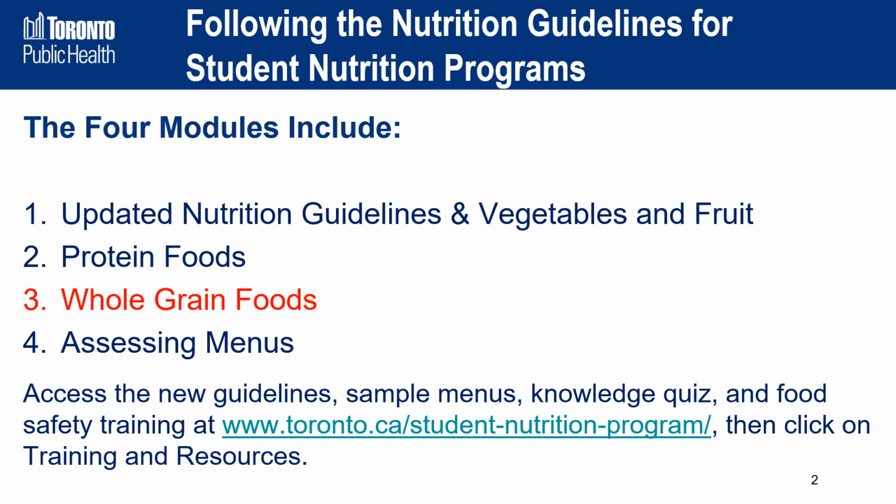You can access the Nutrition Guidelines, sample menus, and knowledge quiz by going to www.toronto.ca/student-nutrition-program/ then click on Training and Resources. Please ensure that you have also completed the food safety training available on the same webpage.